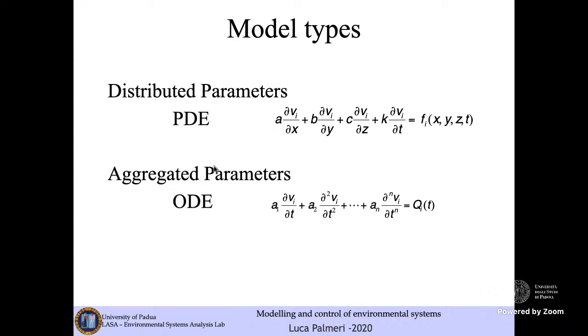Aggregated parameters models instead are typically formalized mathematically in terms of ordinary differential equations. In an ordinary differential equation, we take the derivatives of different degrees, first order, second order, third order, nth order derivatives in time of a state variable v, and this combination is equal to a known term q, that is, again, in this case, a scalar function whose components are e1, e2, e3, and so on.